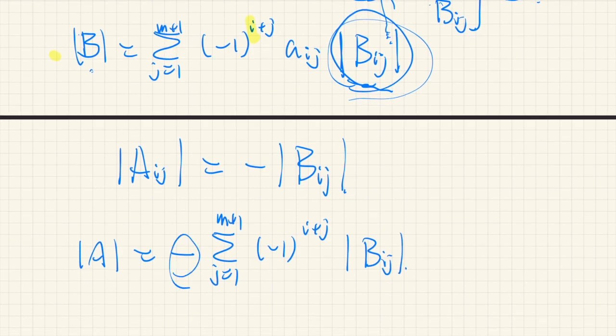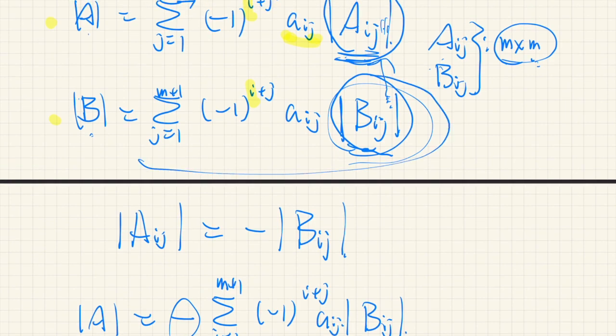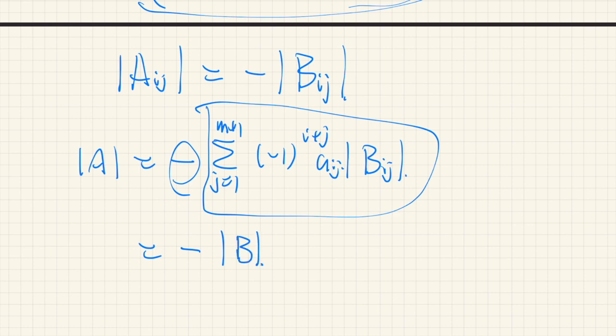So this negative sign appears, and this is equal to the negative of the determinant. So this thing is the same as this thing, so this is the determinant of B.